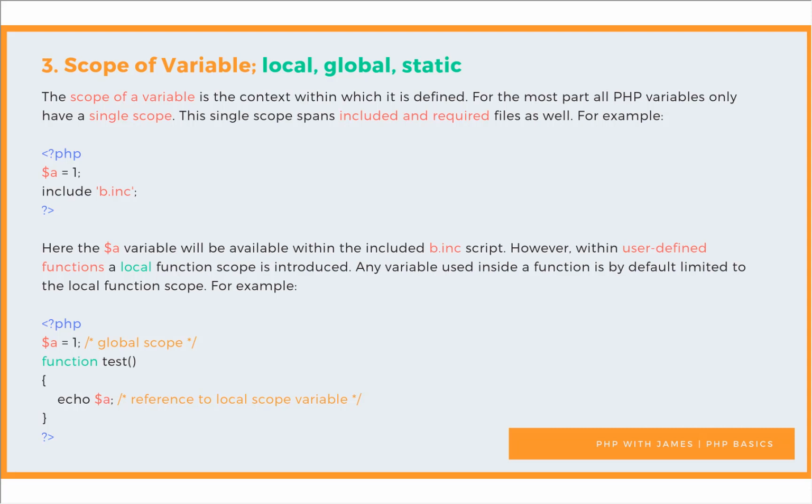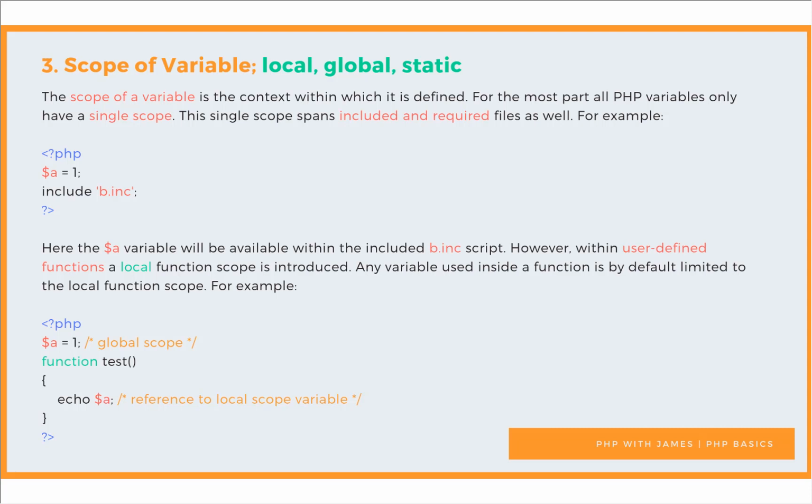If we define a variable outside the function, we cannot access it inside. If we define the variable within the function body, it is restricted to that function. Any variable used inside a function is by default limited to the local function scope.